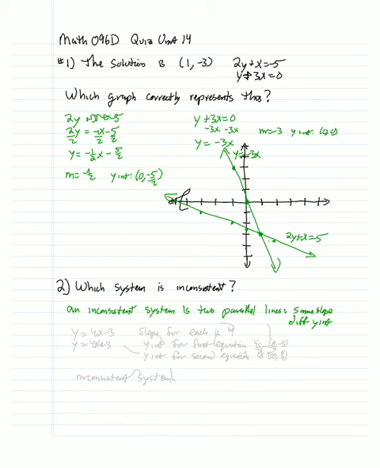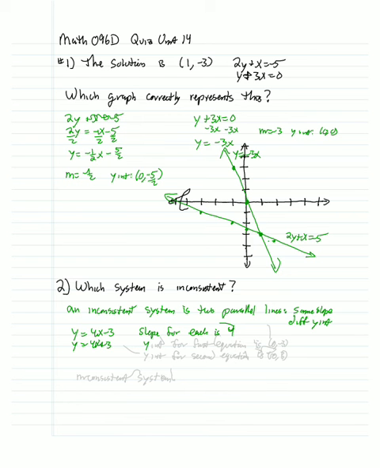So like y = 4x - 3 and y = 4x + 3. These have the same slope, that's the coefficient of the x when you solve it for y, but they have different y-intercepts. One has the intercept of (0, -3), the other one (0, positive 3). So the slope for each is 4.